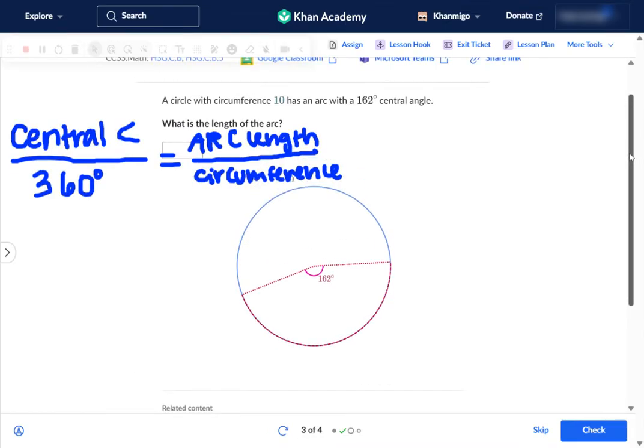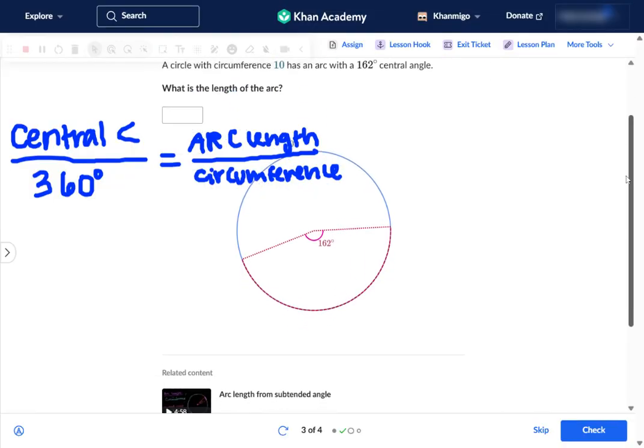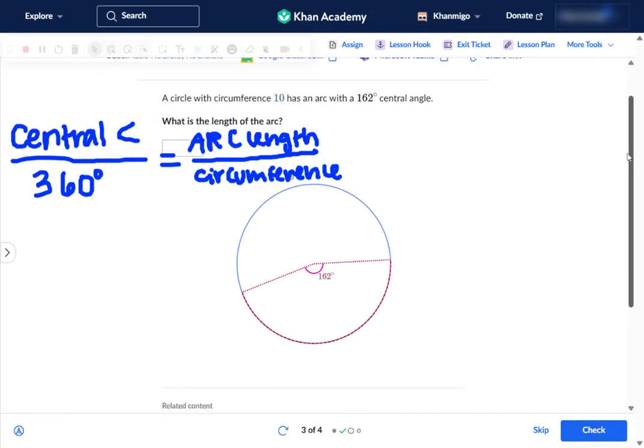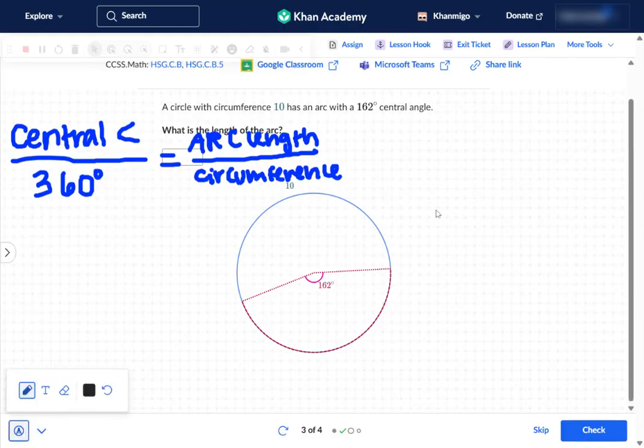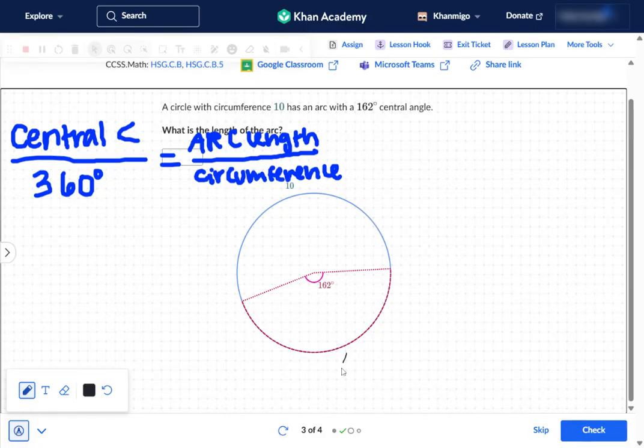Now for this problem, a circle with circumference 10, so the grand total is 10, has an arc with a 162 degree central angle. Now we're working a little differently, because we're trying to find the arc length. So we're going to use x, because this is a distance.